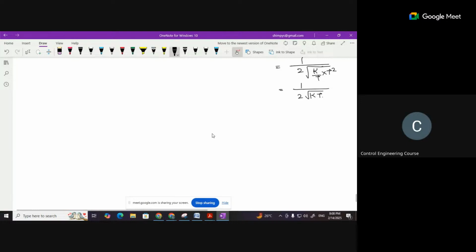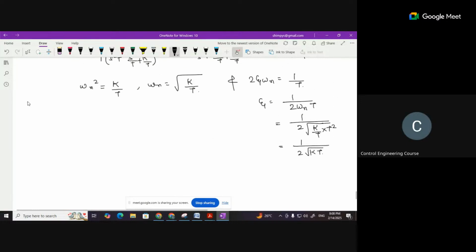I can write down for MP is equal to 0.6. Peak overshoot is given as e to the power minus pi zeta by root over 1 minus zeta square, or 0.6 equals e to the power minus pi zeta 1 divided by root over 1 minus zeta 1 square, correct?